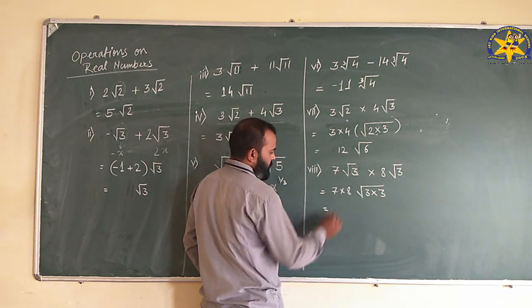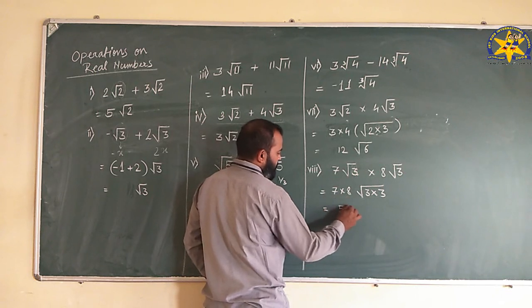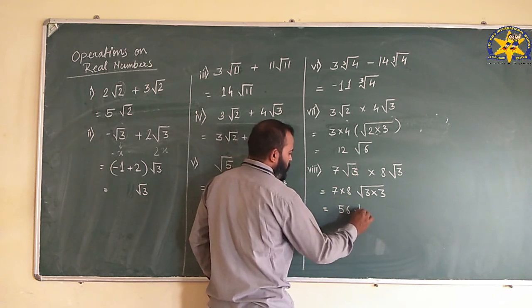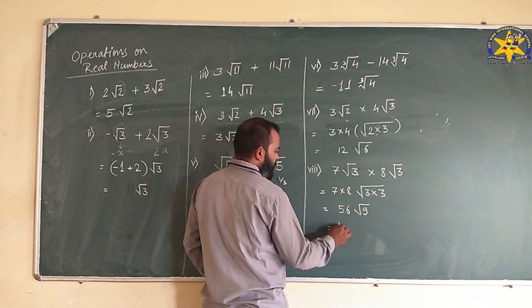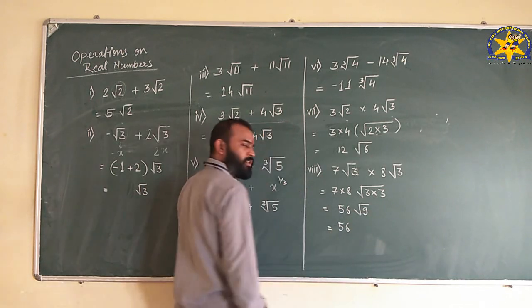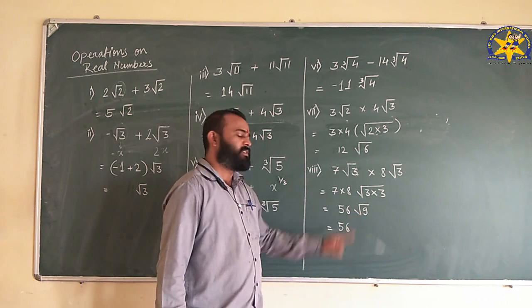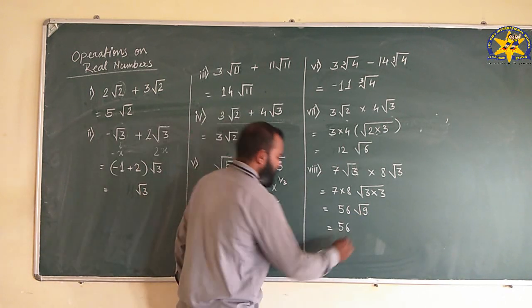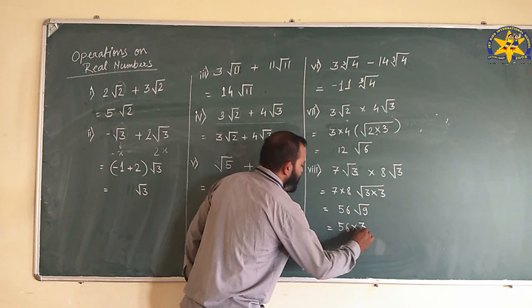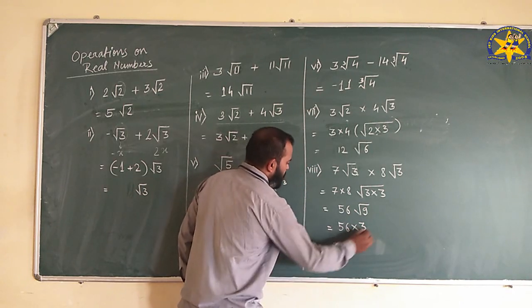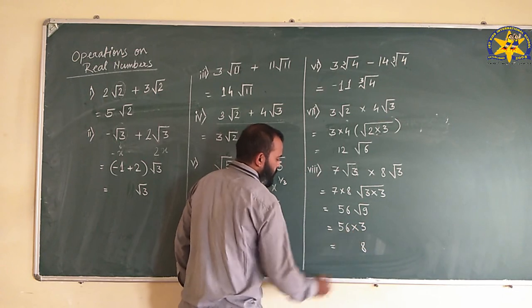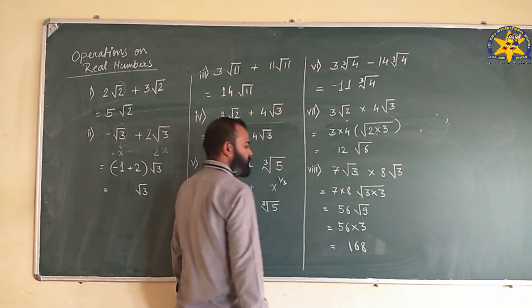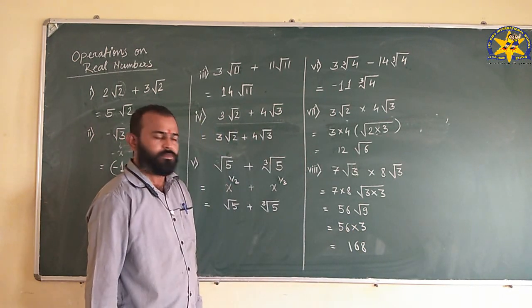Please see it properly. 7 8s are 56, in root 3 3s are 9, and further we can simplify it. The square root of 9 is 3, so it will be 56 multiplied by 3. 6 3s are 18, 5 3s are 15 plus 1 is 16, so 168.